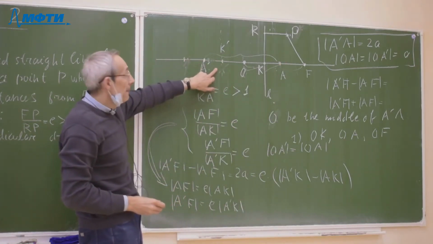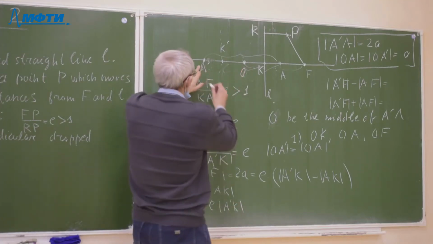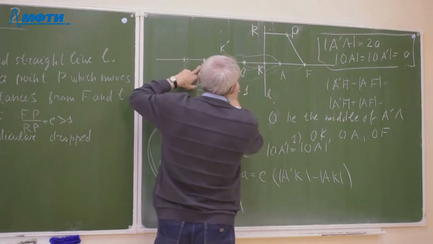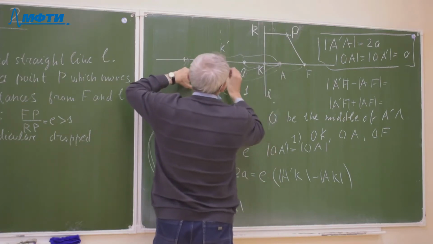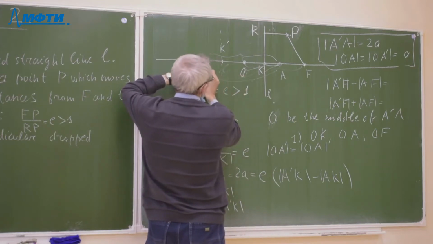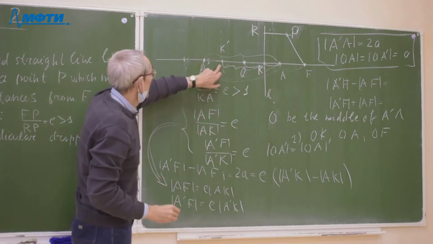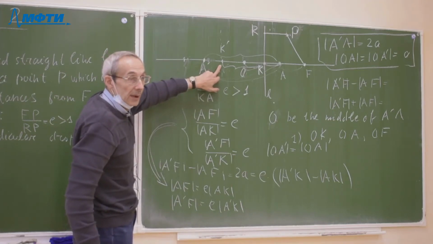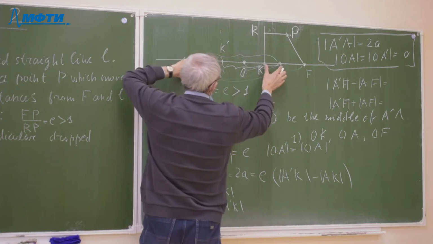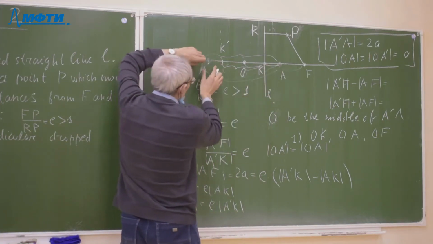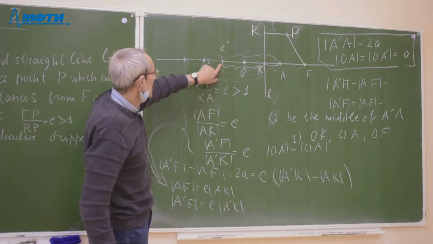If we consider the point K prime, symmetric to K with respect to A, it is easy to see that the distance A prime K minus AK is equal to the difference A prime K minus A prime K prime, and exactly equal to the distance between K prime and K.